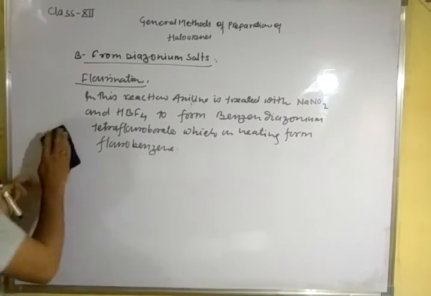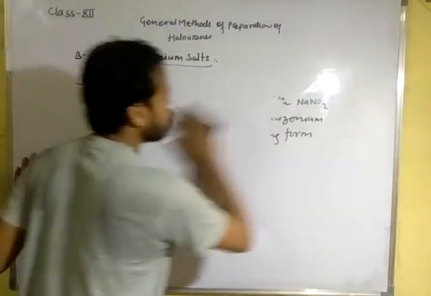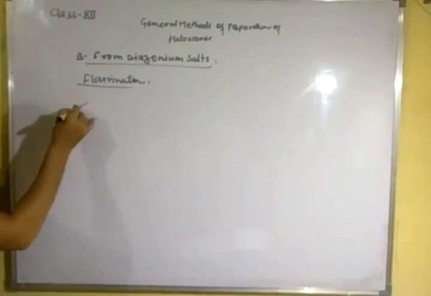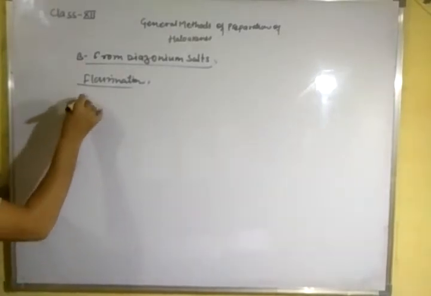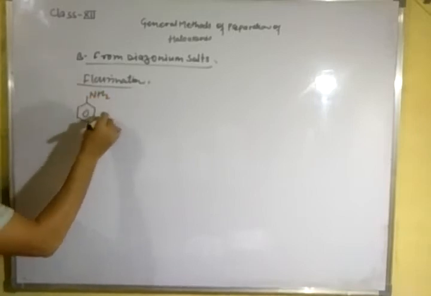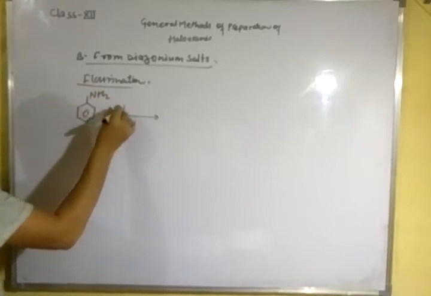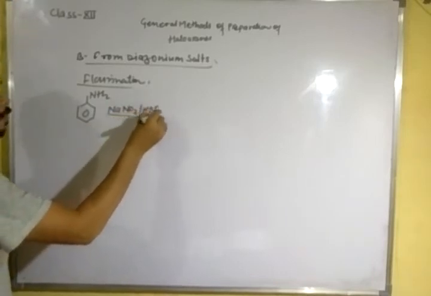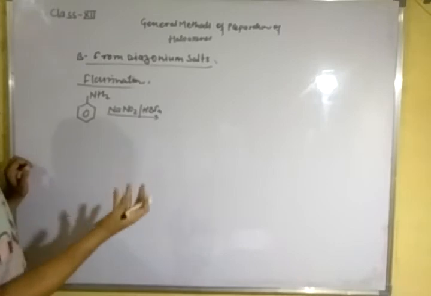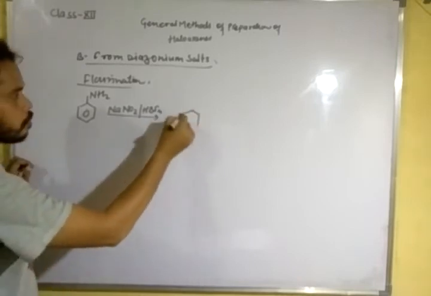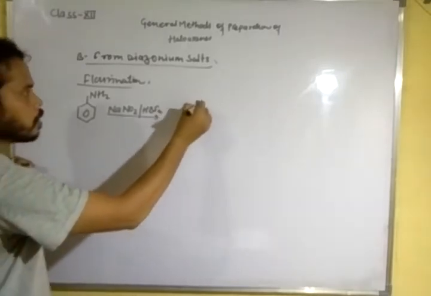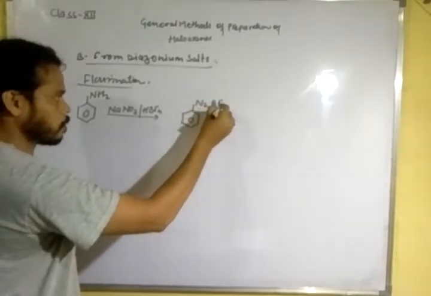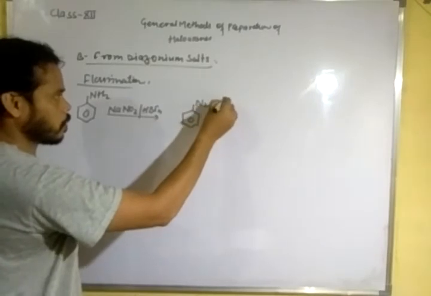Let us see the reaction. First of all, take aniline, NH2, in the presence of sodium nitrite and HBF4. It forms benzene diazonium tetrafluoroborate, BF4 negative.